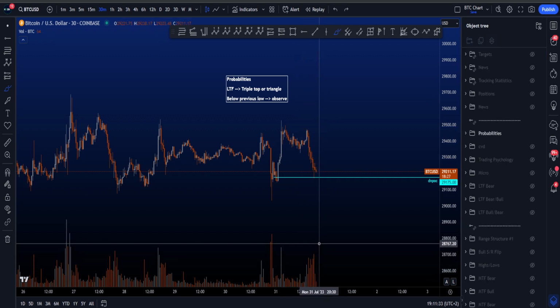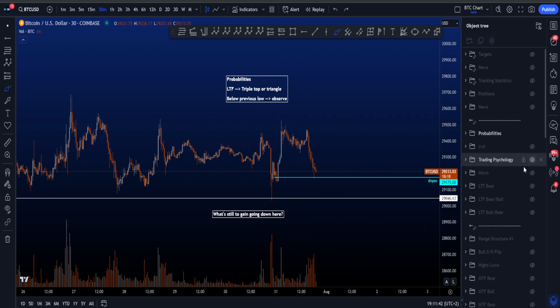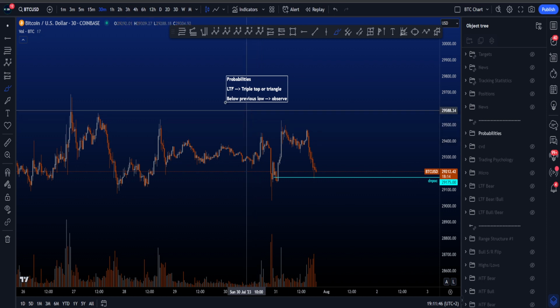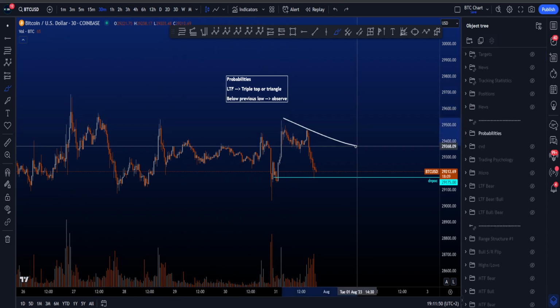So currently, a move to the upside does not look that likely, but for me, this low over here is most important because of the trading psychology bit, where I said, well, what's still to gain down here, right? So, keeping an eye open for potentially the triple top over here or potentially a triangle.